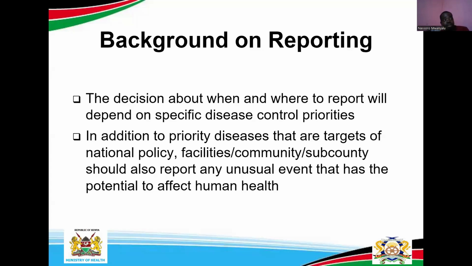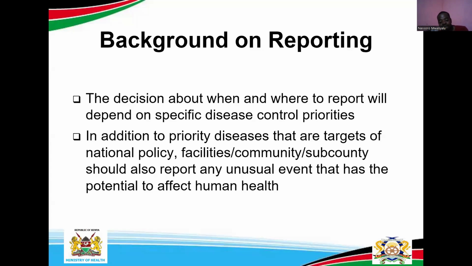Why? Because cholera is a disease which is prone to cause an outbreak. In addition, apart from being prone to cause an outbreak, you also look at whether it is of interest to the national level or to the county.